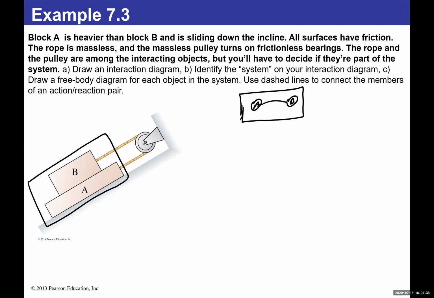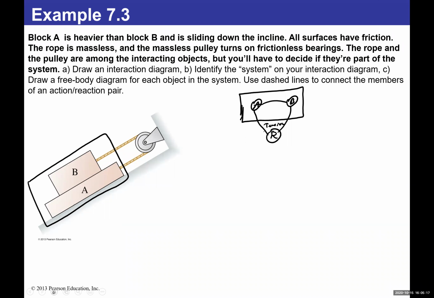Okay, there's also a rope as an agent interacting with both of them, so there's a tension. Now technically blocks A and B also exert forces on each other.